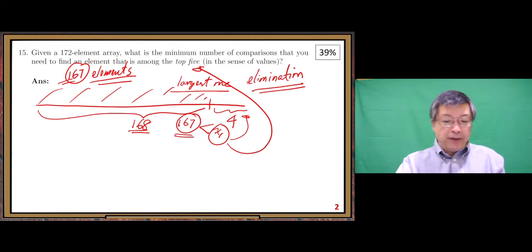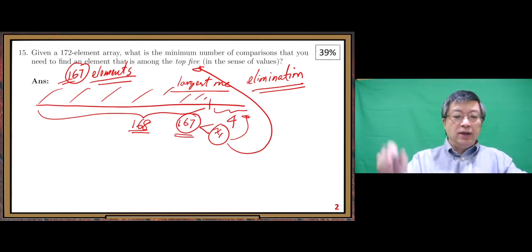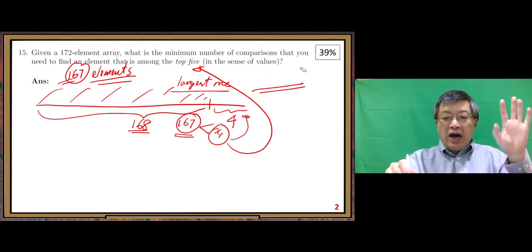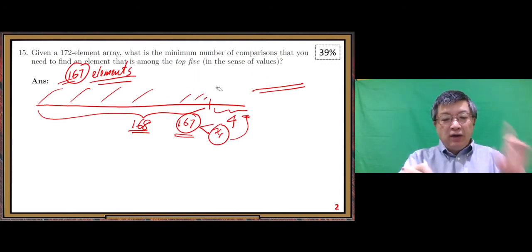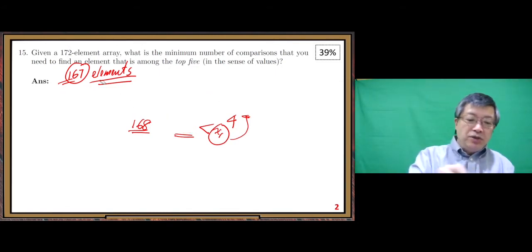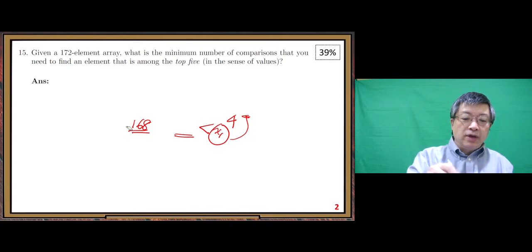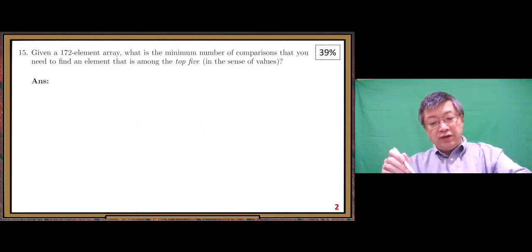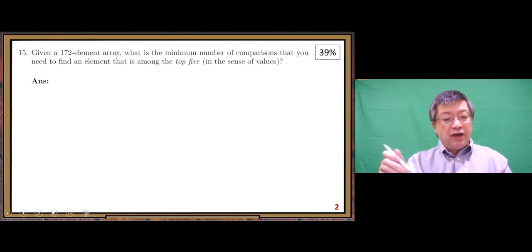All right, so that is this question, number 15. By the way, before I move to the next question, I want to talk about the general case. I noticed some students gave me a general formula. It's good if you can summarize and get a general formula.